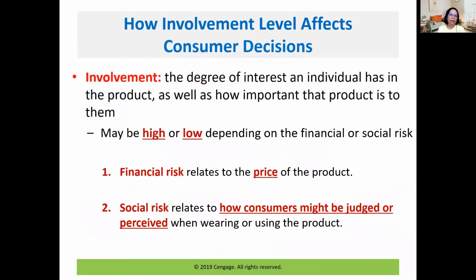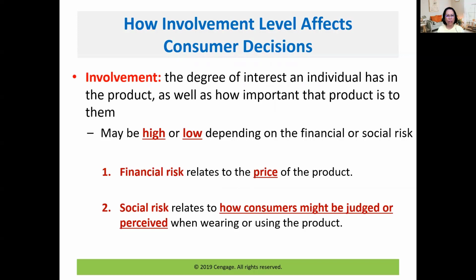Our next topic is how involvement level affects consumer decisions. Involvement is the degree of interest an individual has in the product, as well as how important that product is to them. Involvement may be high or low depending on the financial or social risk. Financial risk relates to the price of the product.